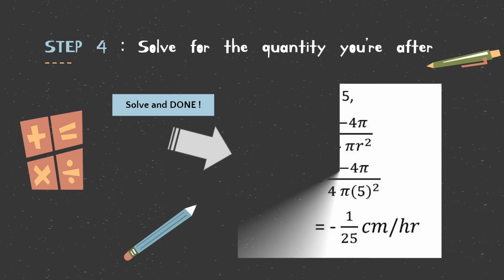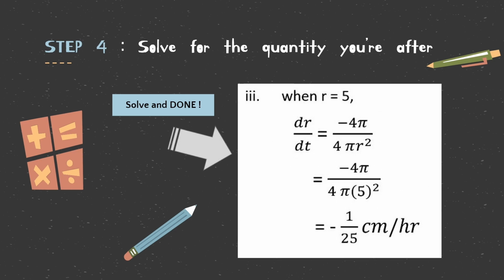Let me show you. Based on the situation, the value of the radius given is 5. So, from the previous equation, which is dr over dt equals negative 4 pi over 4 pi r squared, we have to substitute the value of the radius, which is 5, into the equation, and we will get negative 4 pi over 4 pi times 5 to the power of 2.